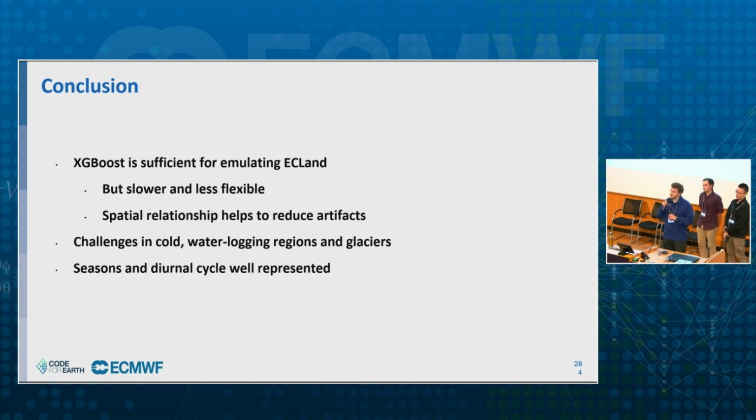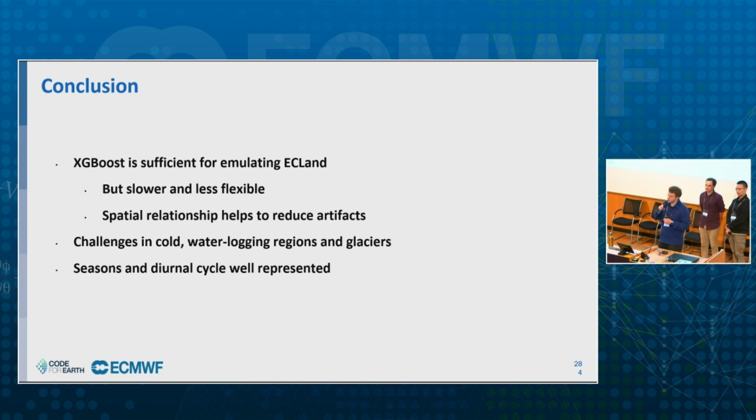Also, we didn't really show it here because of time, but we saw how including these spatial relationships really helped in mitigating some of the artifacts. If you predict every grid cell by itself, it can lead to some discontinuities in the spatial domain.